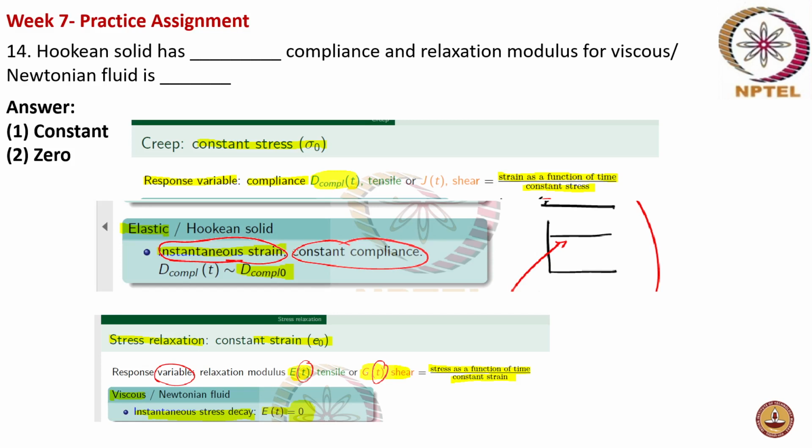Stress as a function of time over constant strain is the relaxation modulus, and there is an instantaneous decay in case of a perfect viscous material or a Newtonian fluid. So that is why the relaxation modulus E of t is equal to 0.